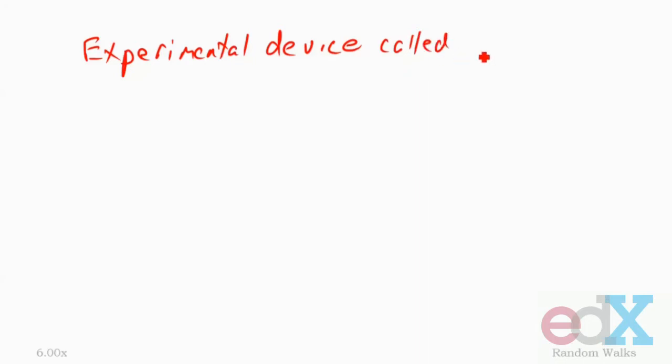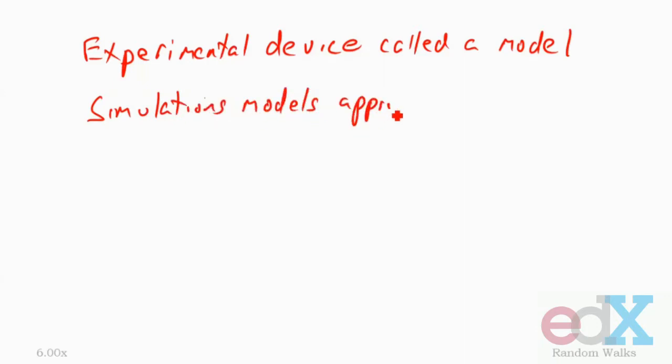To recapitulate, simulation attempts to build an experimental device called a model. And I want to emphasize that it really is an experimental device. We run some experiments, and as with a lab experiment, we then end up improving it. The goal of the model is to provide useful information about the possible behaviors of the system being modeled. It's very important to remember that simulation models are only an approximation of reality.